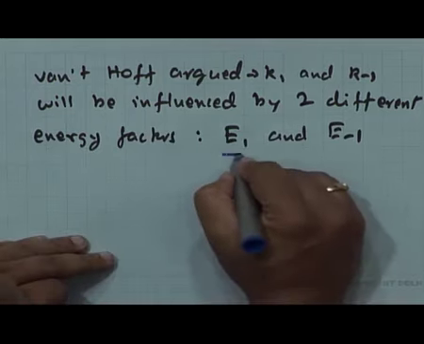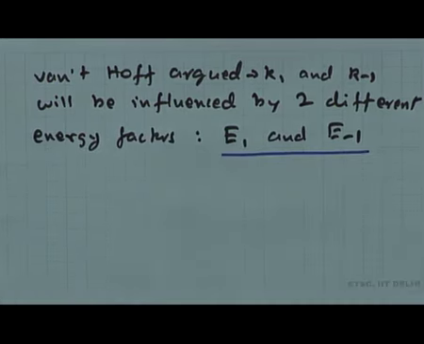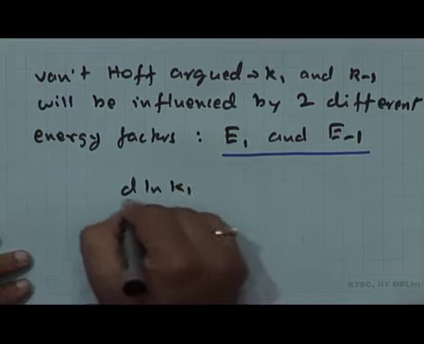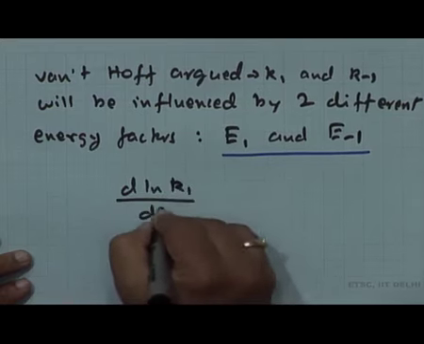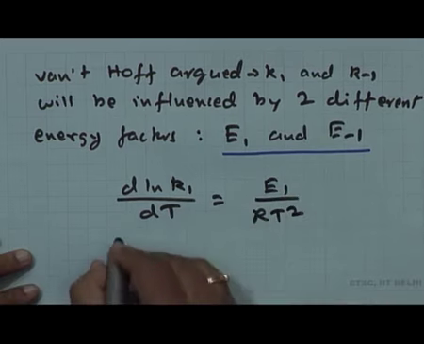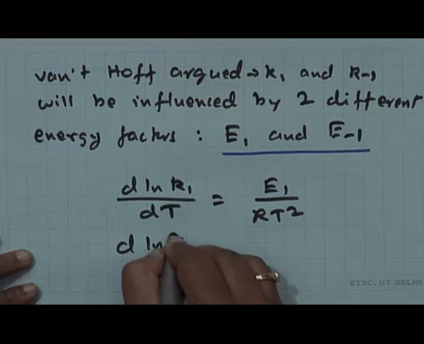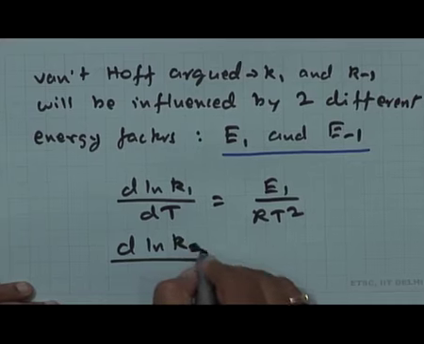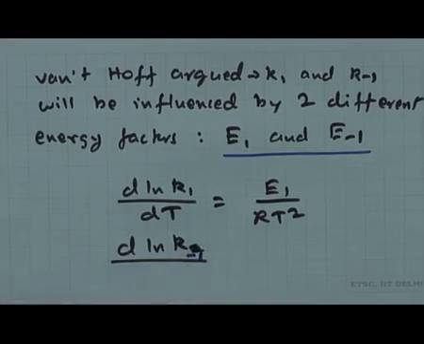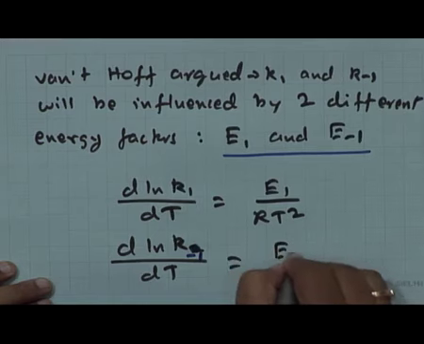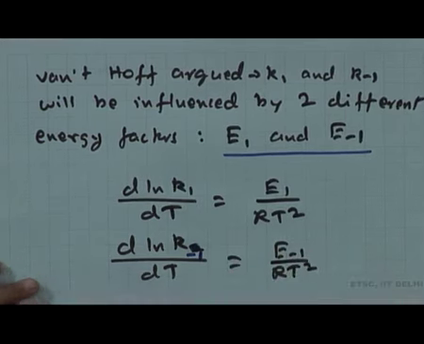These are the two energy factors, and based on this he could then write that d ln k1 over dT is equal to E1 over RT², and d ln k minus 1, which is the rate constant for the backward reaction, over dT is equal to E minus 1 over RT².